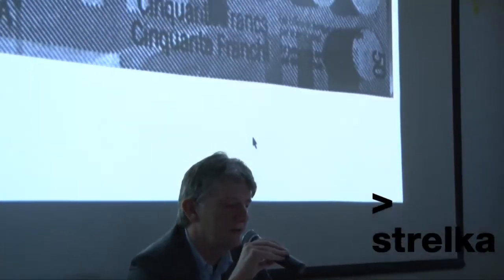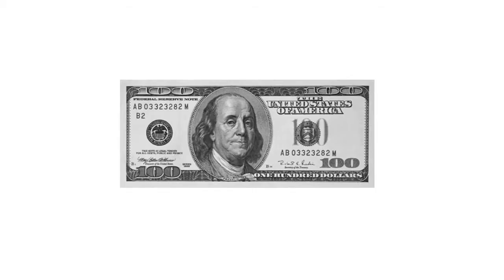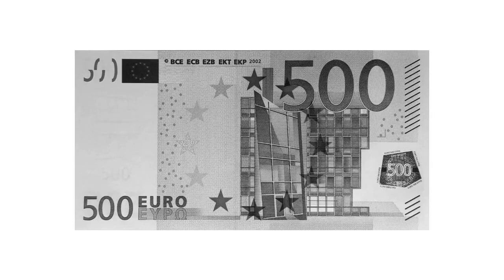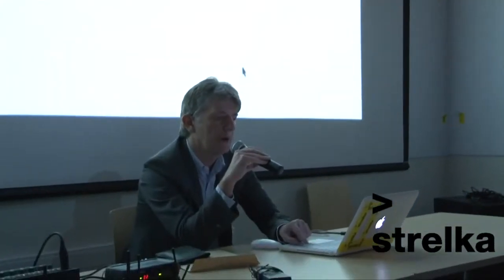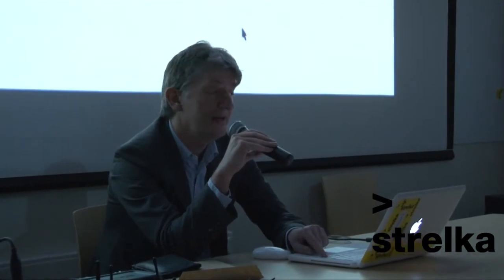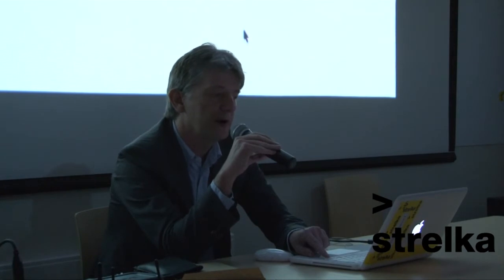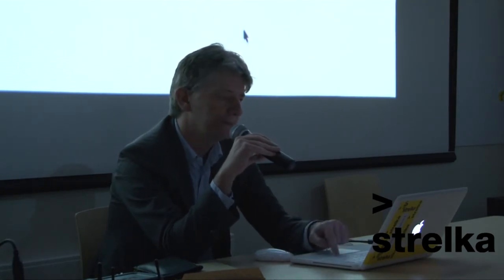And this is a series of worthless pieces of paper. They're all rectangles, but a designer has been at work to try to transform them from a worthless piece of paper into something that is worth something. And not just worth something, but worth something in an American way, or a European way, or a British way, or if you're Swiss and more confident about yourself, in a Swiss way.